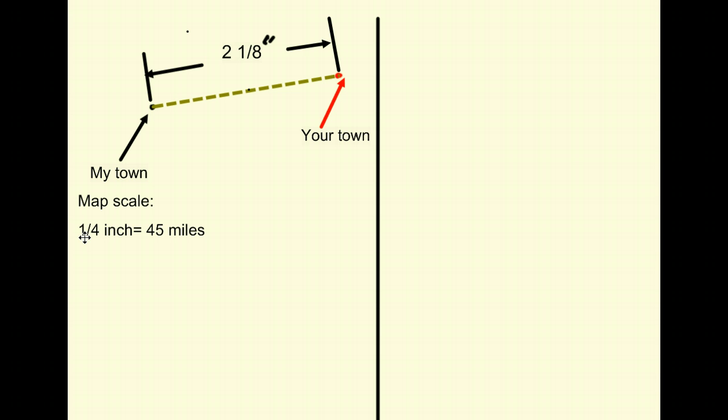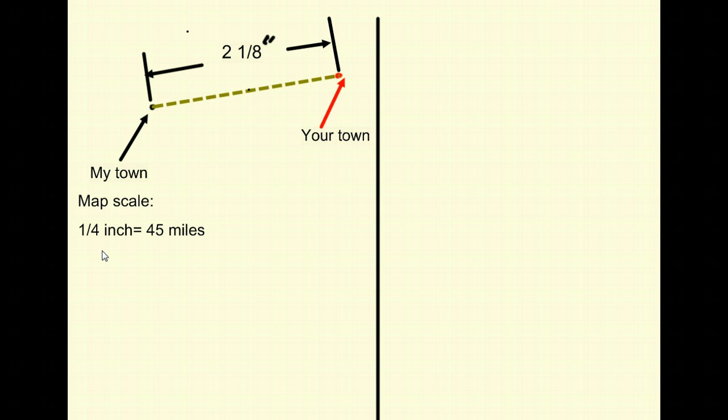Okay. So I have here my town and your town, and I'm traveling between my town and your town. I take a ruler and I measure the distance from my town to your town. I get 2 1/8 inches.